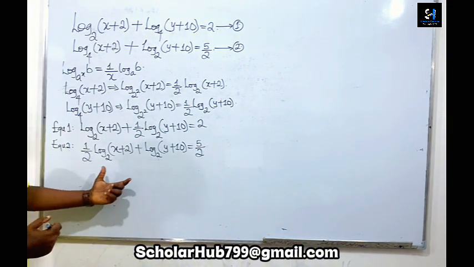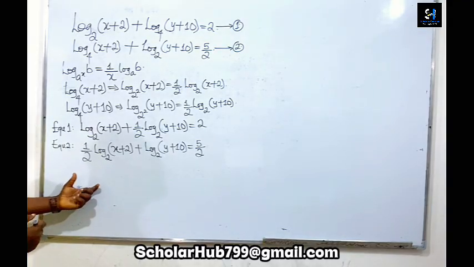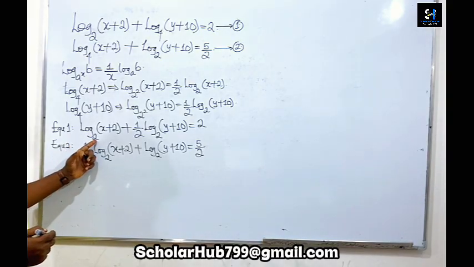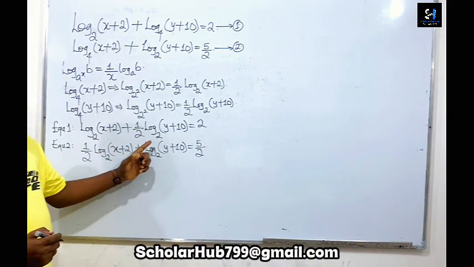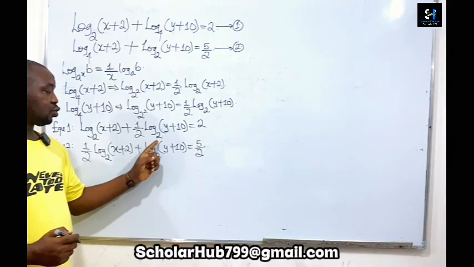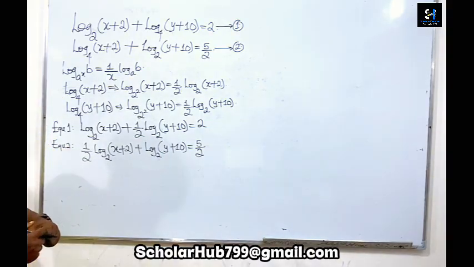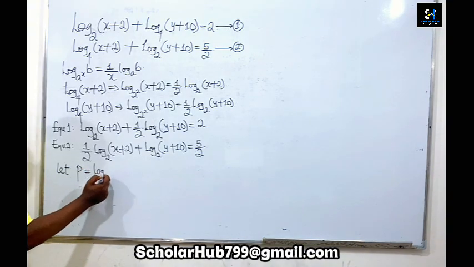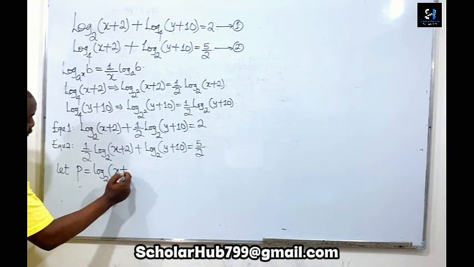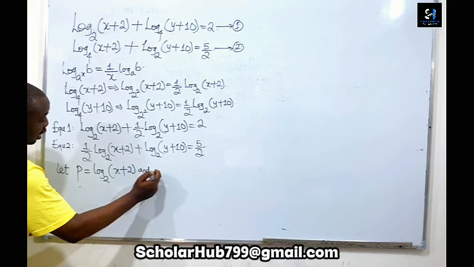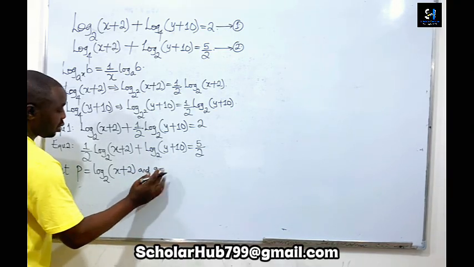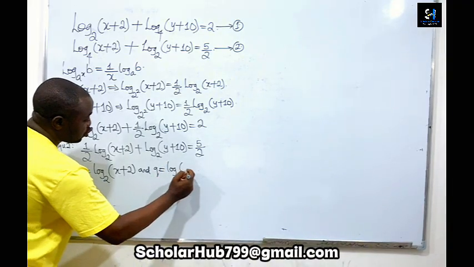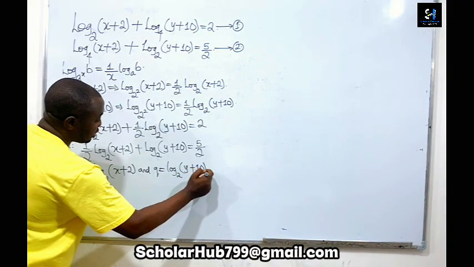So now let me make a substitution in this case. I'm going to choose a letter from the alphabet to represent log base 2 of (x + 2), and then another letter to represent log base 2 of (y + 10). So let p equal log base 2 of (x + 2), and q equal log base 2 of (y + 10).